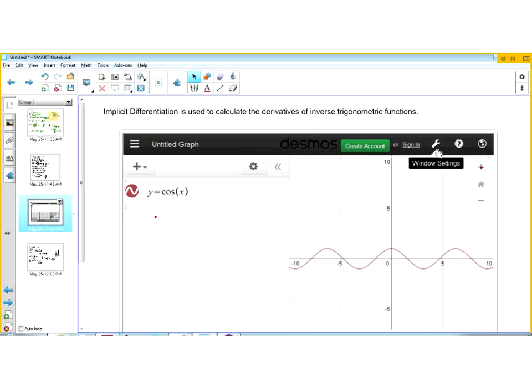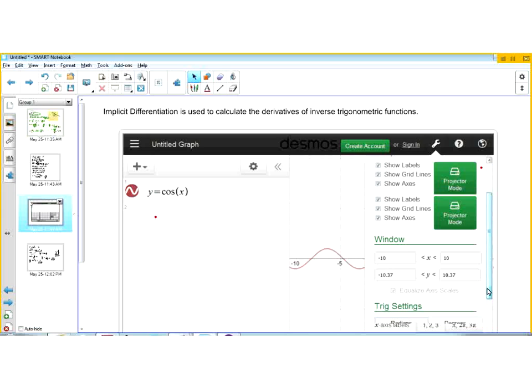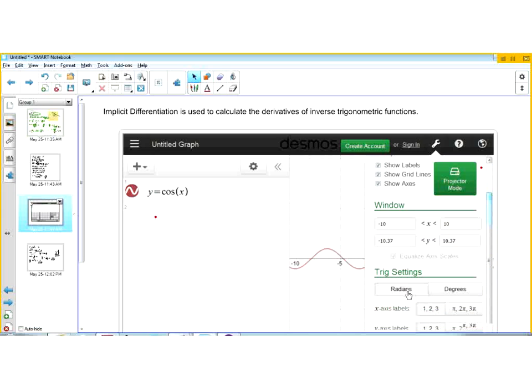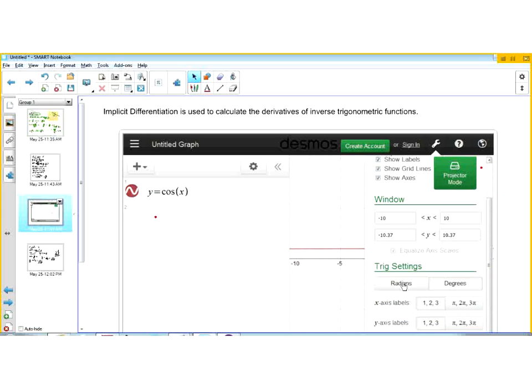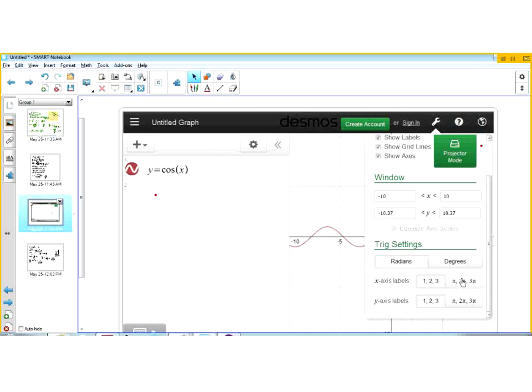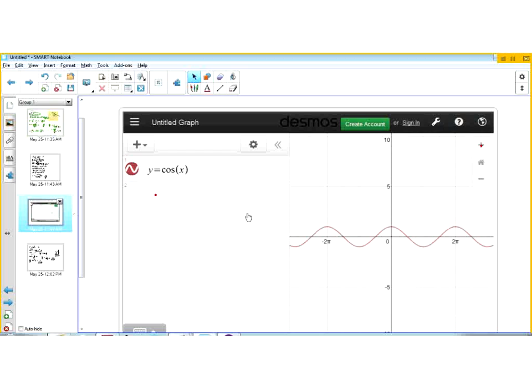So let me set my window properties. We want radians, and we want multiples of pi. Okay, there's the graph of the cosine function.